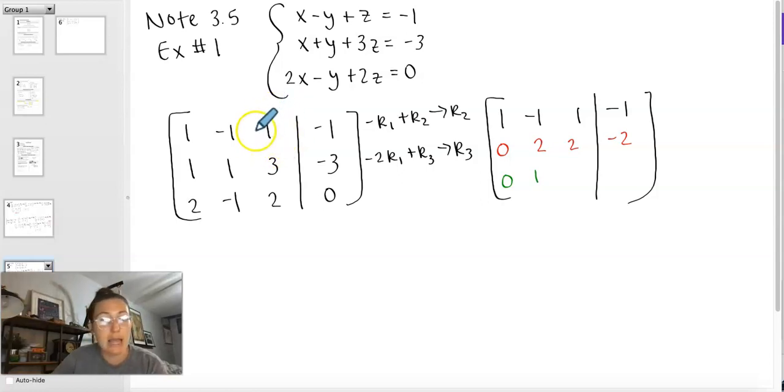This is going to be negative 2. Negative 2 plus 2 gives me a 0. And then this guy is going to be negative 2 times negative 1, which gives me a positive 2. 2 plus 0 is 2.